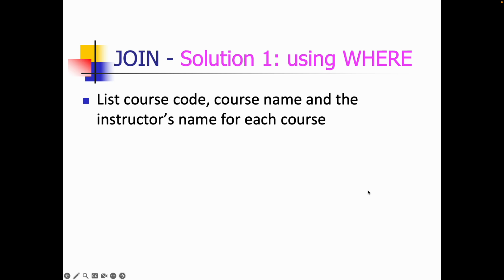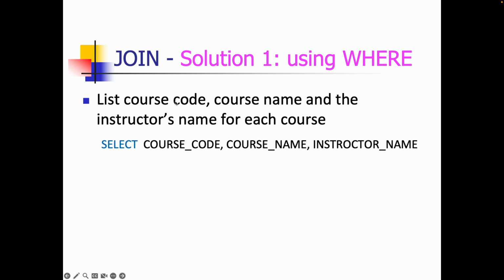So the first way to use join is to avoid explicitly specifying join and just write the where clause. For example, let's say you want to select course code, course name, and instructor name for each course. Course information such as course code and course name is provided in the course table, but we don't have instructor name in the course table.